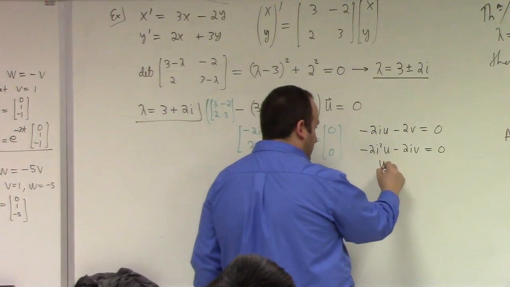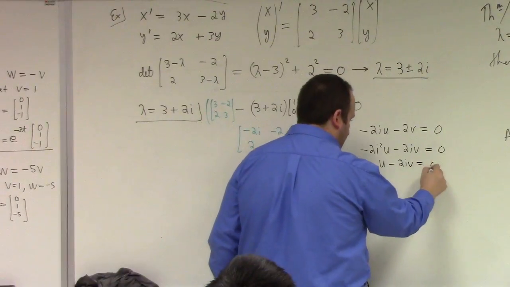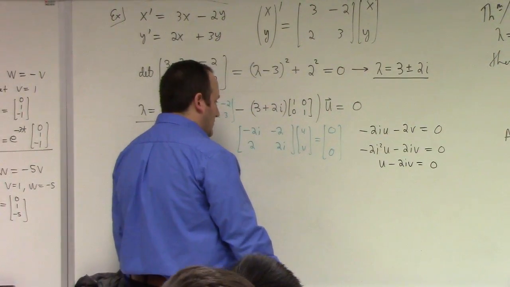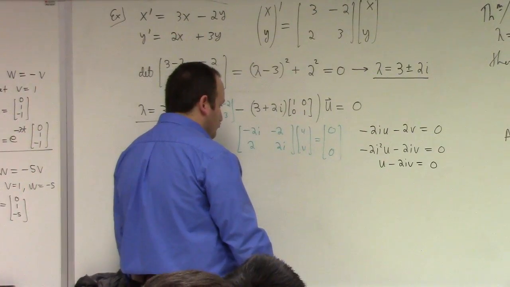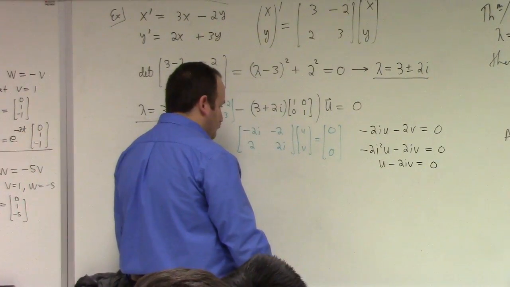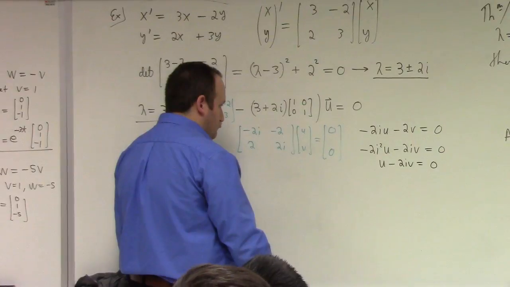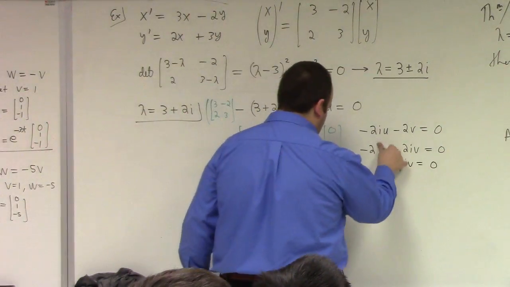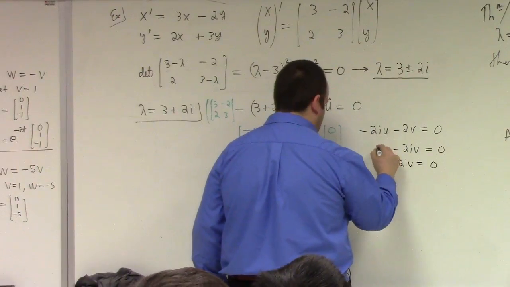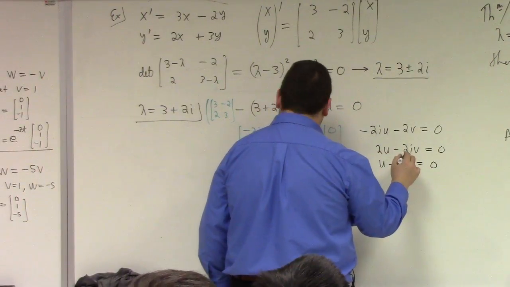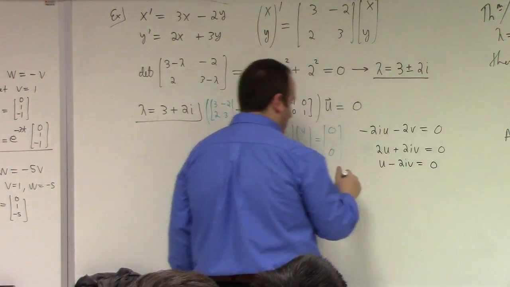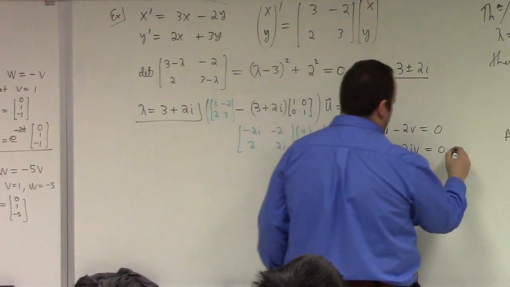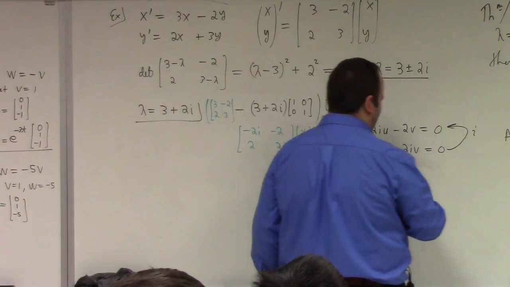So this is 2u minus 2iv equals 0, which of course is, oh man. Wouldn't it be 2u minus 2iv? Yes. Sorry. 2u plus 2iv, right? Oh, I'm an idiot. So they just multiply this by i. So just multiply that by i, right?